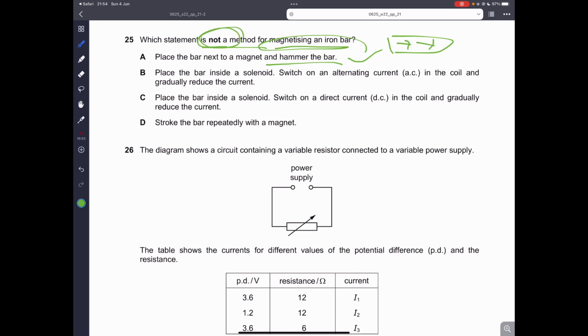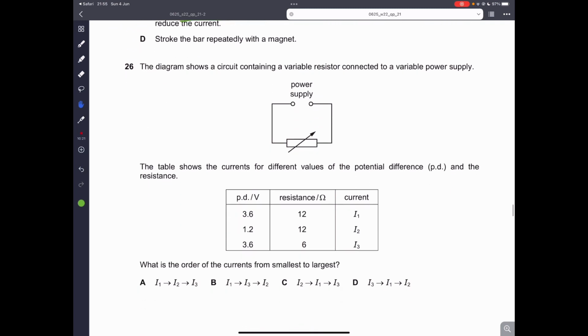It says not a method of magnetizing, so it has to be demagnetizing. So we place this bar in an alternating current in the coil and reduce the current. This is not a way of magnetizing, this is demagnetizing, and therefore this is the correct answer. So B is the correct answer.